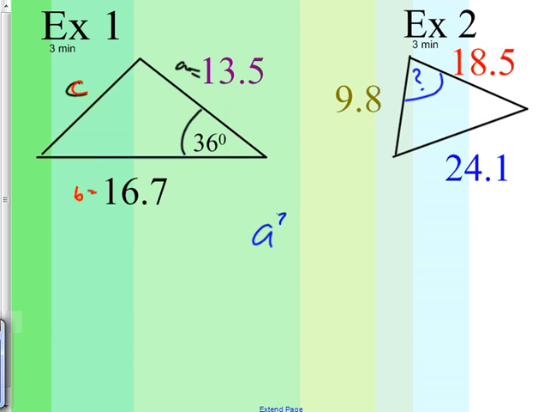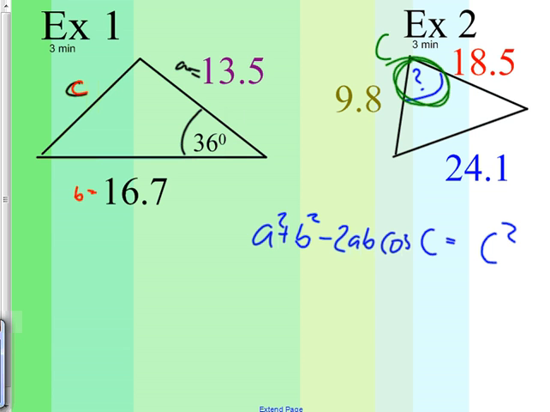So a squared plus b squared minus 2ab cosine C equals c squared. See how c is the one that's alone? So that's why if c is alone, then if I want this one, I should call it c. So that's angle C, big C, and this is little c.